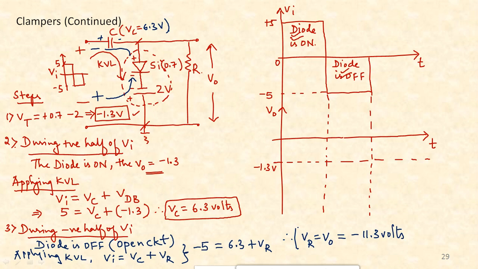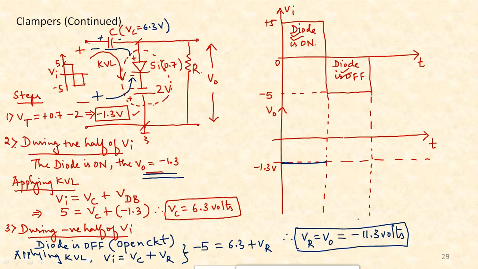Okay, students, please pay attention to this magnitude. Vr, which is equal to V0, is minus 11.3 volts. Now how will I draw the particular waveform? During the positive half cycle, it is clearly mentioned that V naught equals minus 1.3, so I'll have to draw it like this, minus 1.3.